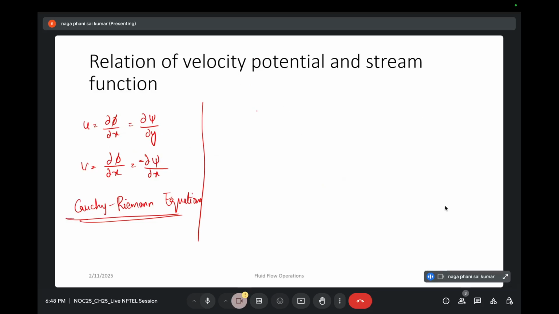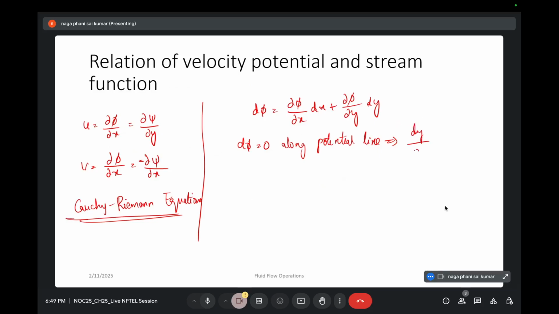So if you take the sum, then d phi will be equal to dou phi by dou x into dx plus dou phi by dou y into dy. Okay. So we know that d phi will be 0 along a potential line. Therefore, dy by dx can be written as minus u by v. Just divide them, you'll be getting it.